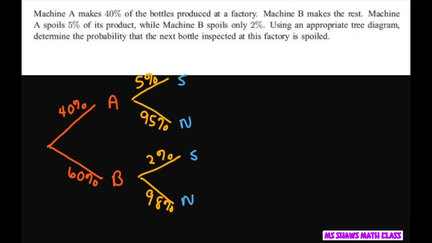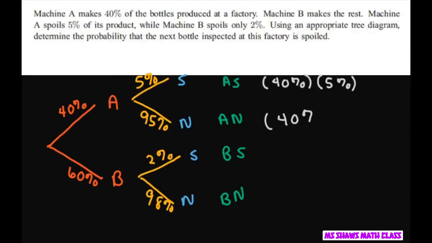So if you simplify this, you have AS, AN for not spoiled, machine B, so that's BS, and then BN. And you multiply these through, so this is going to be 40% times 5%. This one's going to be 40% times 95%.